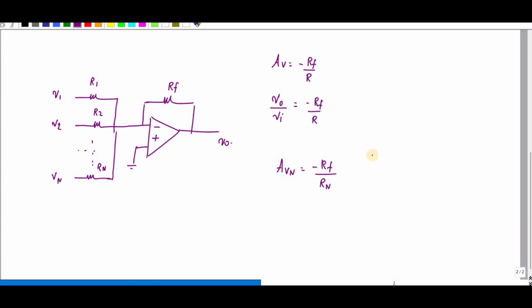So Vout is, for V1, minus RF divided by R1 into V1, for n equal to 2, minus RF divided by R2 into V2, and it goes on until minus RF divided by Rn into Vn.